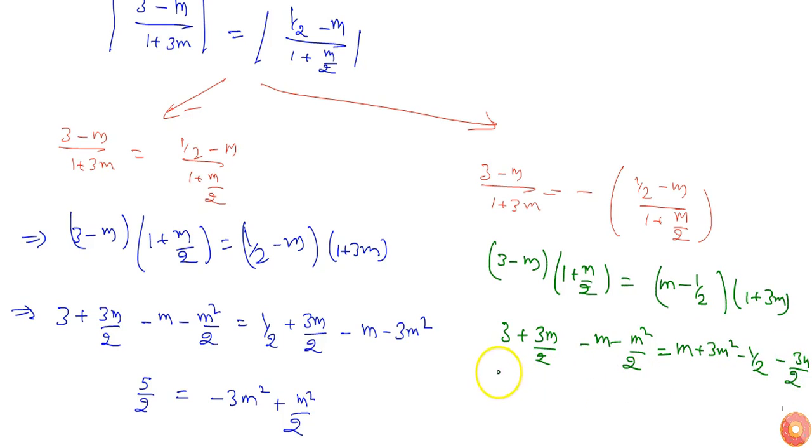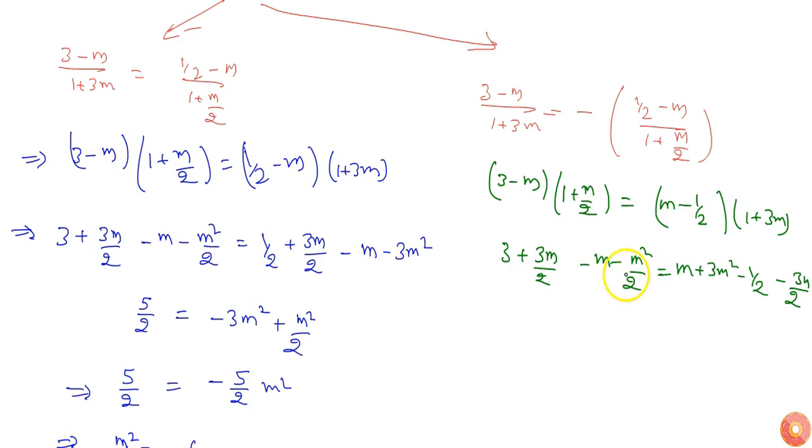I'm just solving the expression. So from here I'll get 3 plus 1 by 2 will be 7 by 2, and for the m terms, 3m by 2 minus m will be m by 2, minus m square by 2 equals, here m minus 3m by 2 will be minus m by 2, plus 3m square.